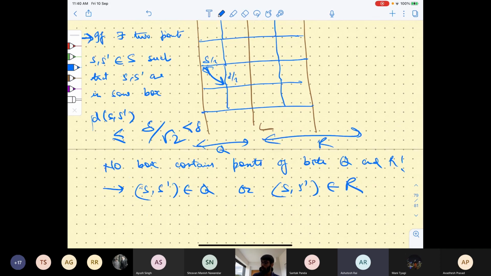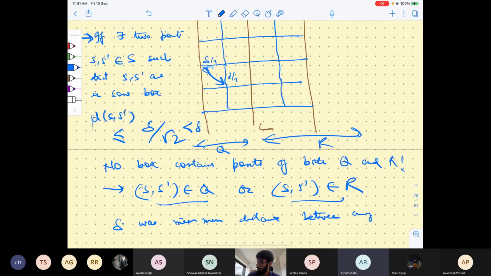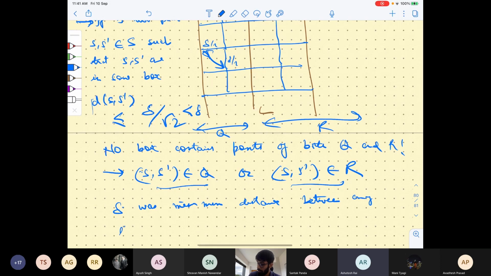But still there is a problem. What is the problem? I'm claiming even this is problematic. This contradicts something. The minimum distance between two points in Q and R was delta. Exactly. So delta was the minimum distance between any two points within Q or within R.